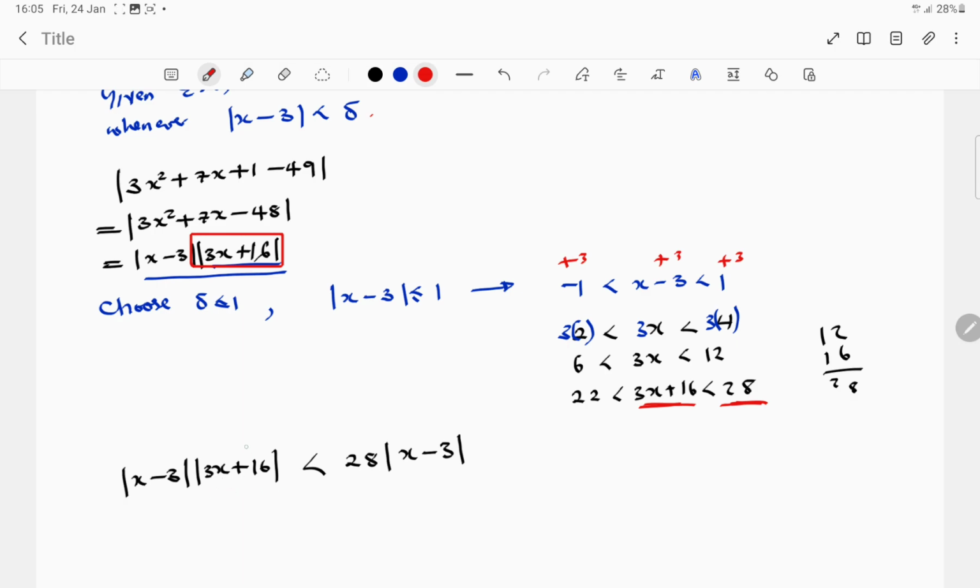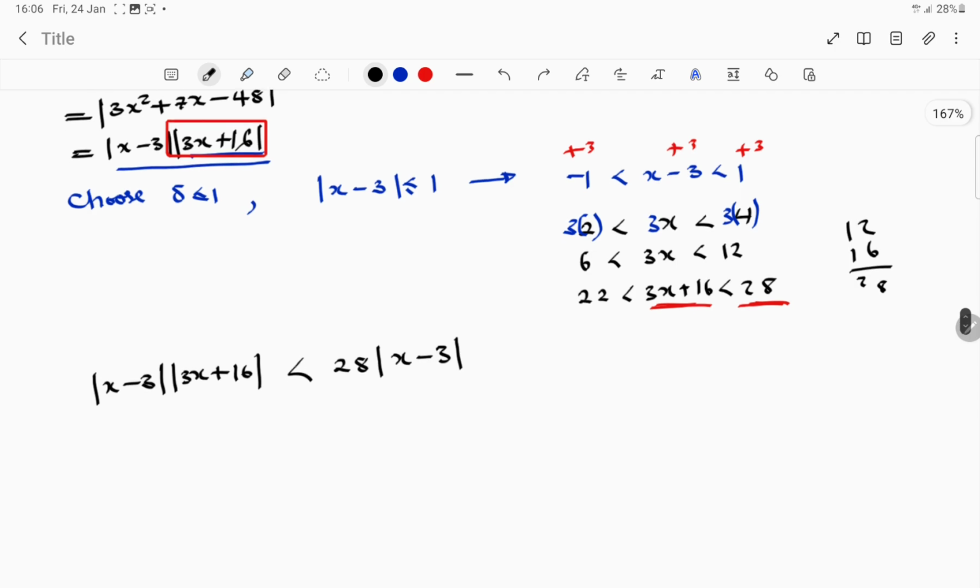Therefore this one is replaced by 28, but the sign will change here. Then we say if 28 times |x - 3| is less than epsilon, then |x - 3| will be less than epsilon over 28.